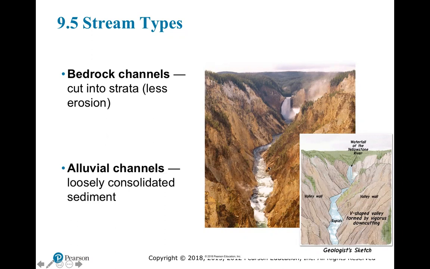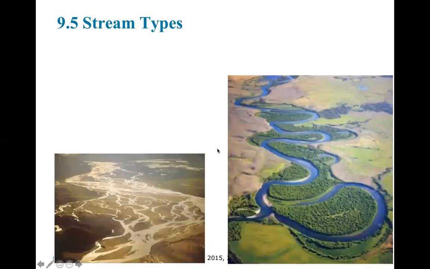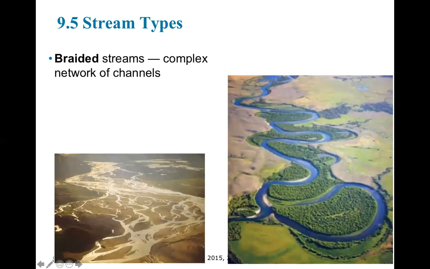And if you compare this to, say, the Mississippi River as it's cutting through loose soil, it's normally a little bit more wide open, not quite the V shape that you see with the bedrock channels. Generally speaking, we have a couple of different stream types. We're getting just little pieces of all this information, but we have braided streams. We're going to see this. You can see this with Nisqually as we go up to Mount Rainier.